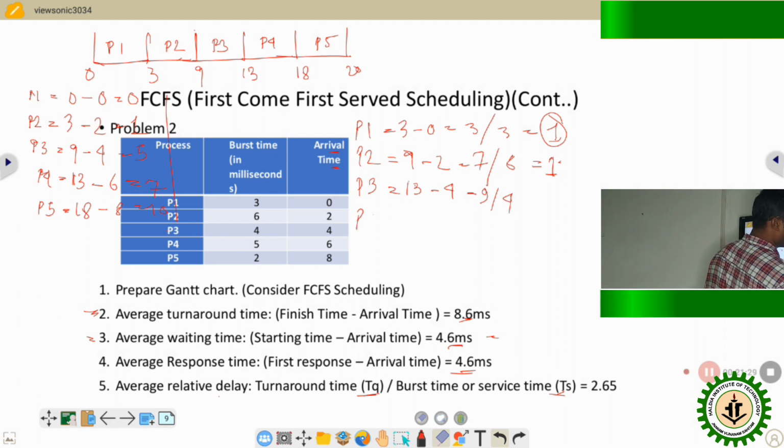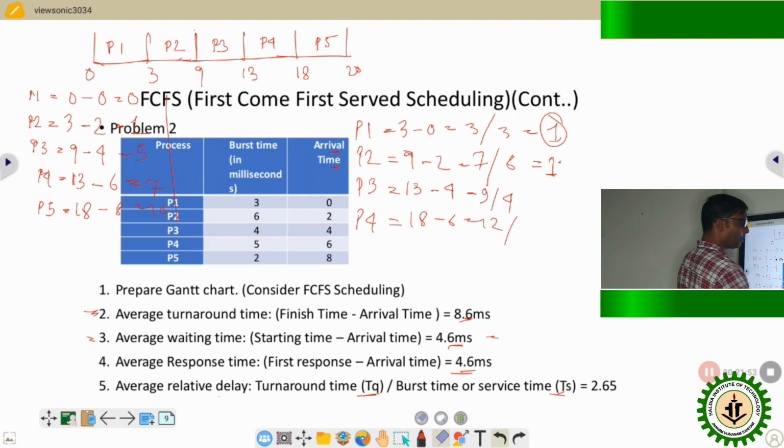For process P4, finish time is 18 minus arrival time 6, 12 divided by the burst time is 5.